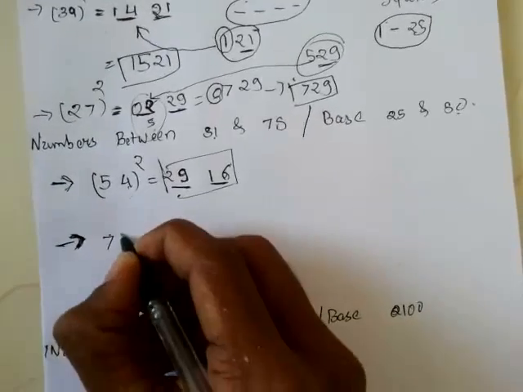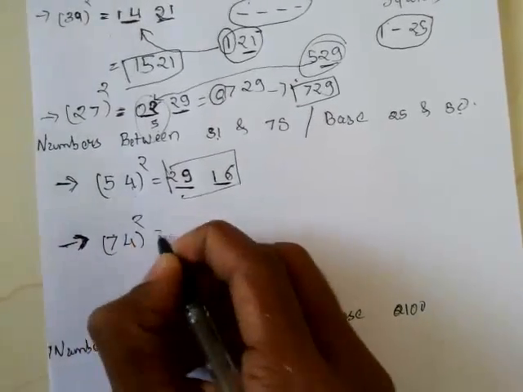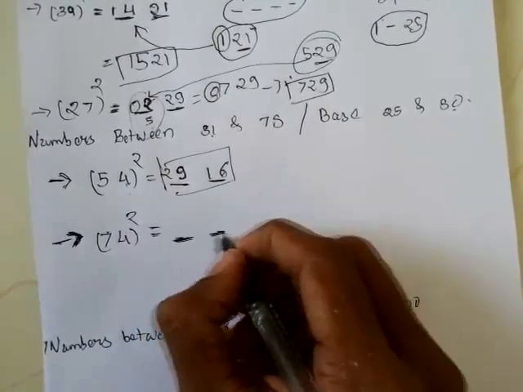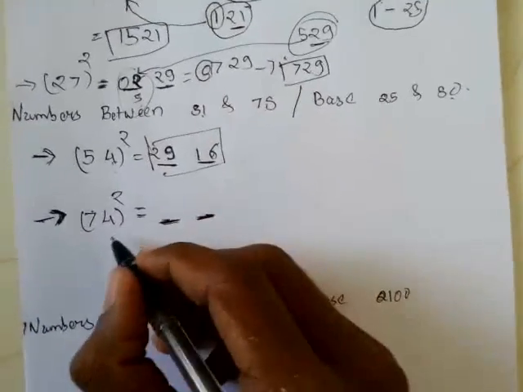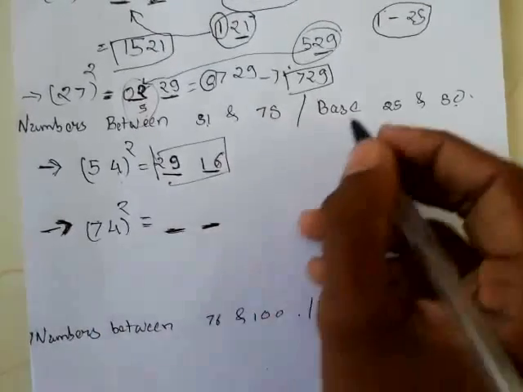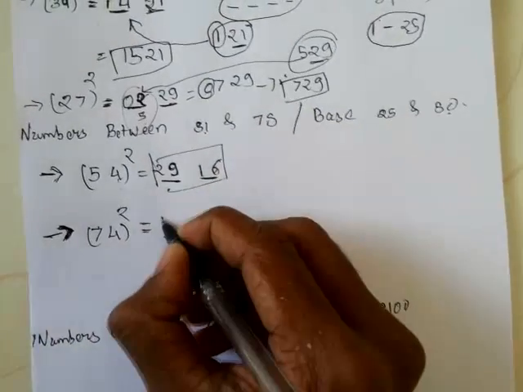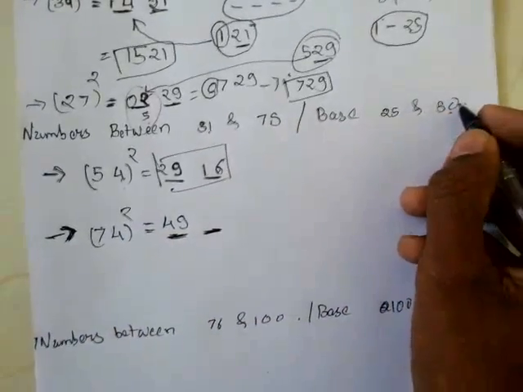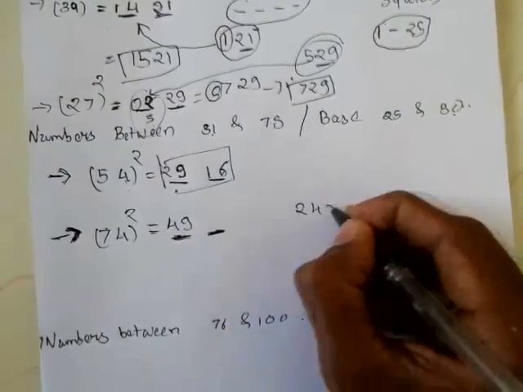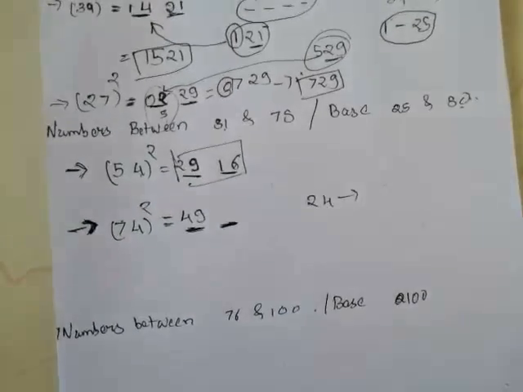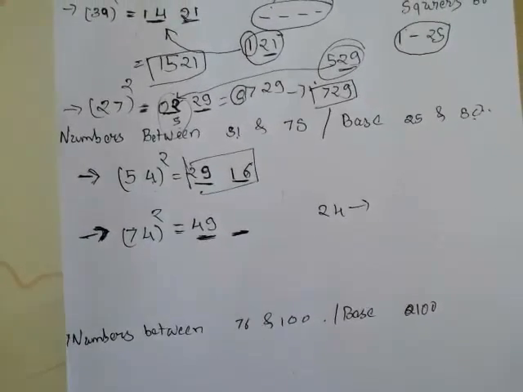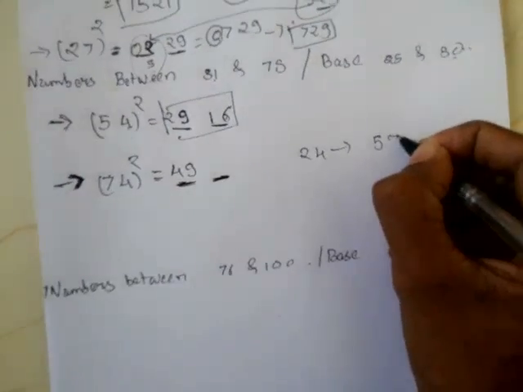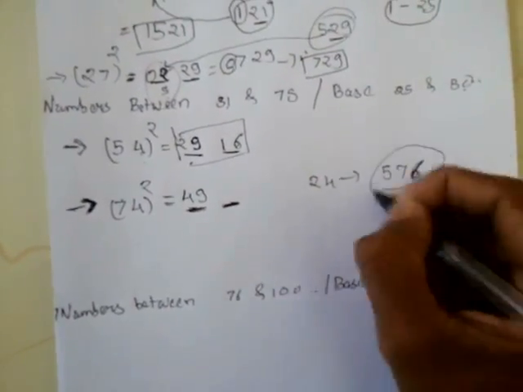And let's put another example. Let's take 74 square. Okay, it's also a 2-step method. In the first step, the difference between 74 and 25 will become 49, and the difference between 74 and 50 is 24, and the square of 24 is what? 576, correct?